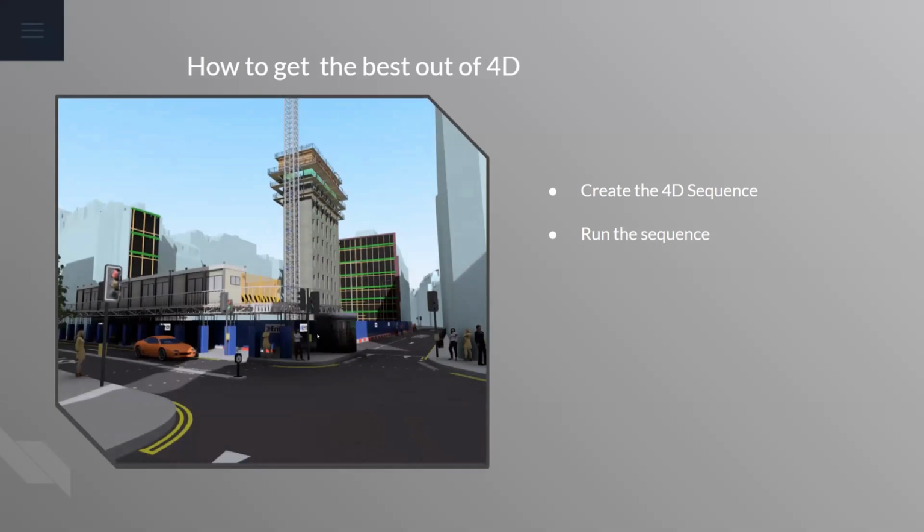This way, we can start the brainstorming. By running the sequence with everyone from Precon next to it, we can see exactly what needs to be changed, what needs to be added, what things are clashing, and where the program has to be changed.